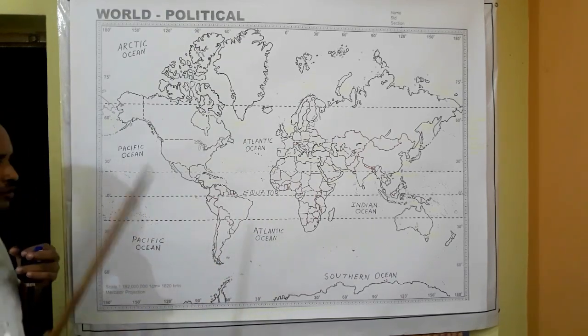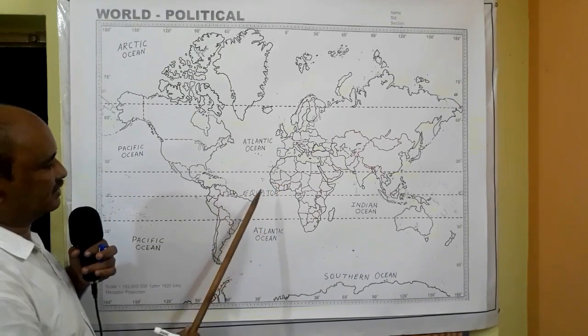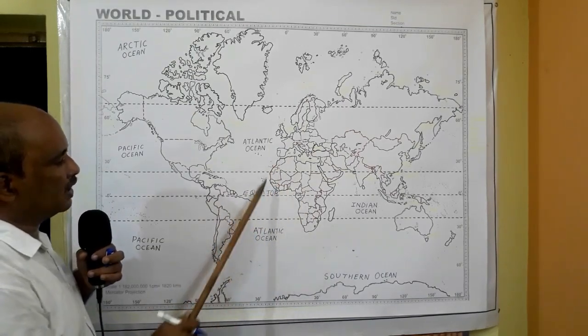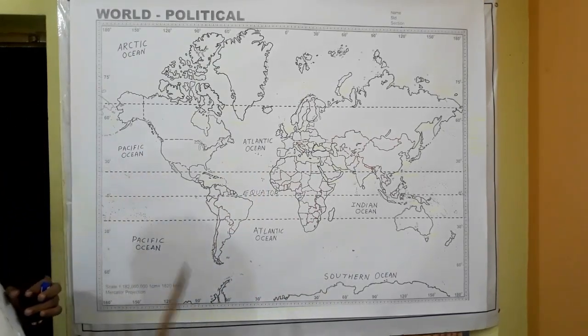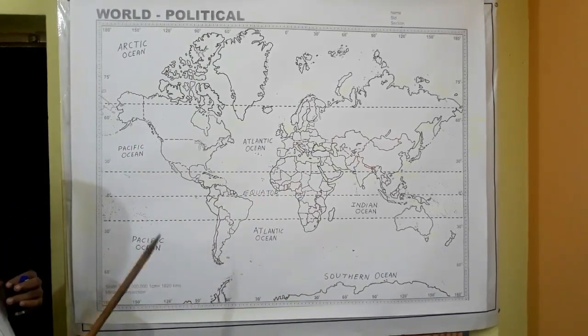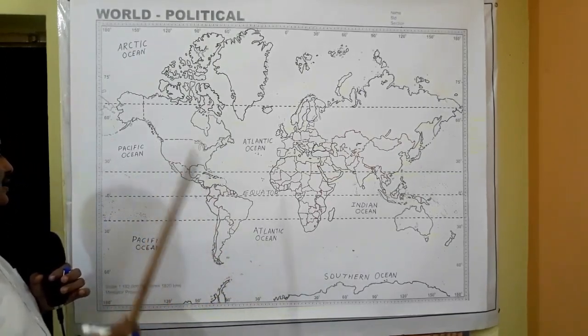So only one continent, Africa, is spread in all four hemispheres. Okay, right. Now let us go through another important aspect.